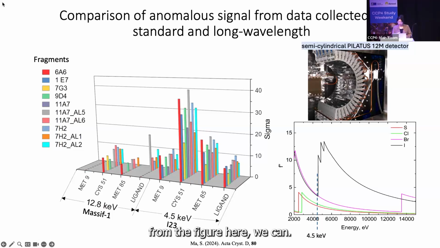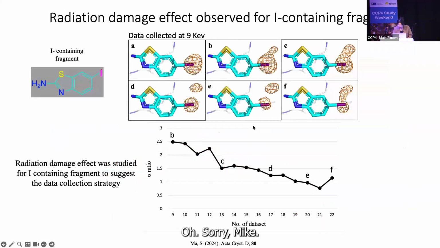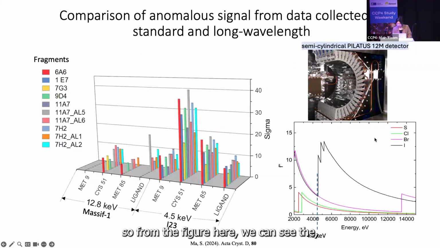For example, from the figure here, we can see the anomalous absorption edge of iodide, shown as a black line here, and the bromide, shown as a magenta line here. So they both have very strong X-ray absorption close to their absorption edge.